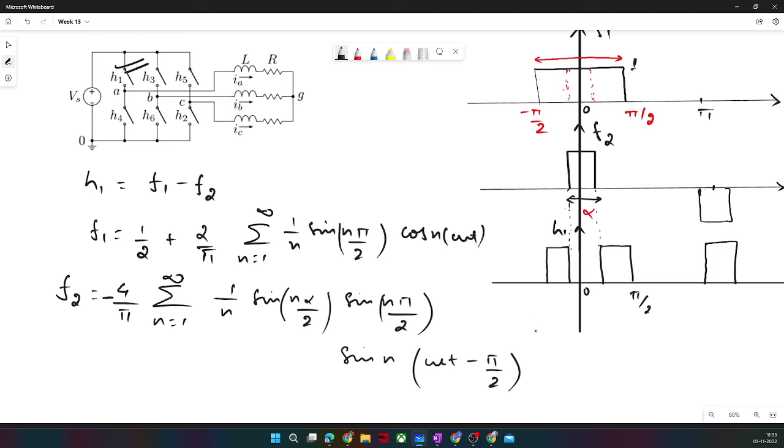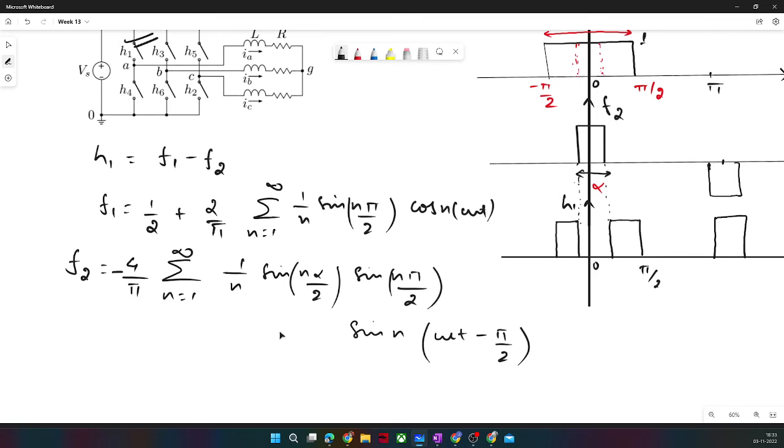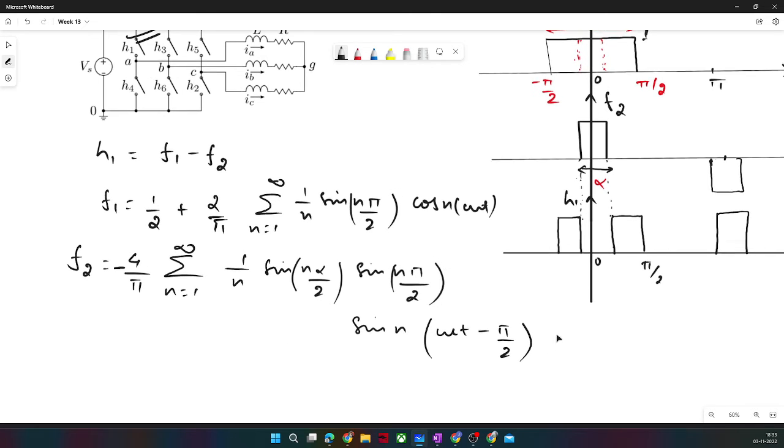So this is the Fourier series of F2, and after doing treatment of F1 minus F2, what we will achieve, that we will see here.